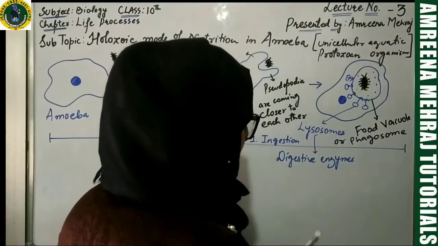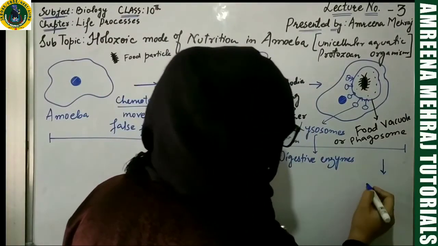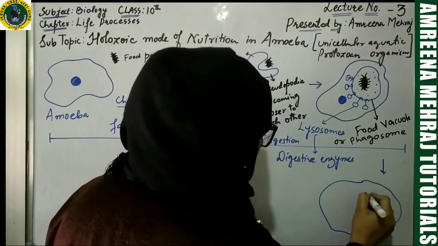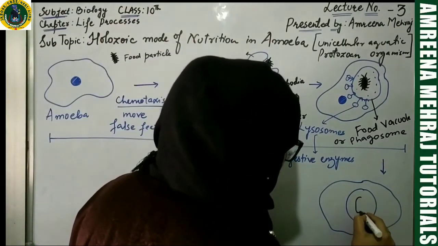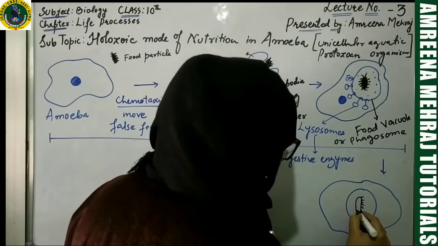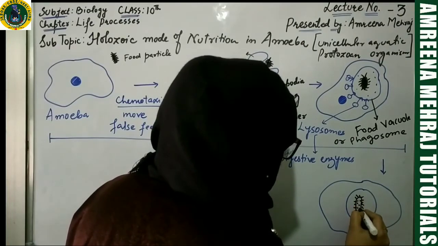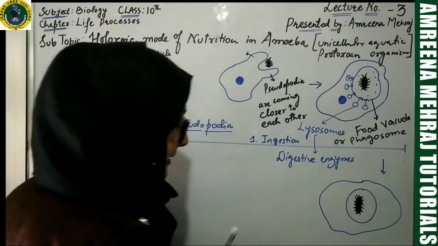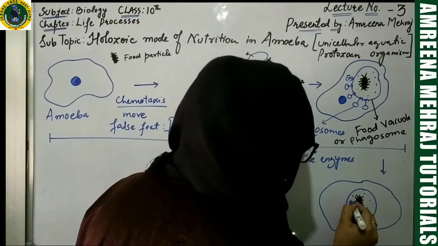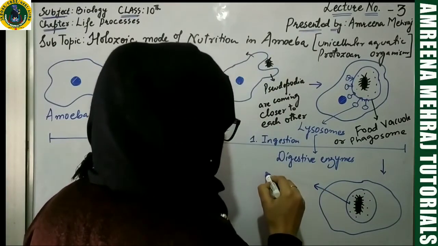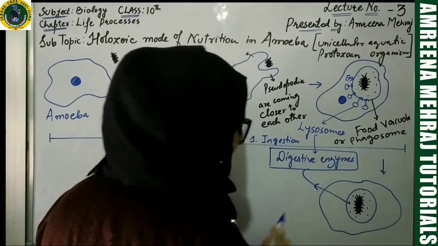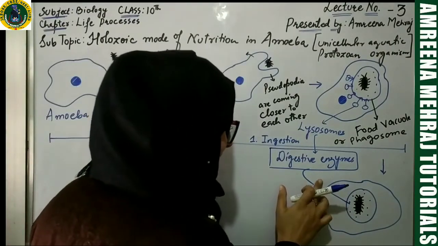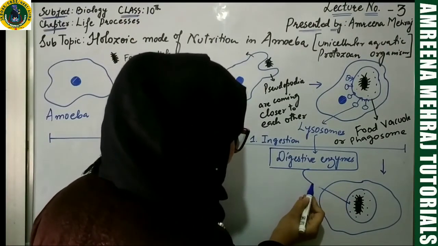So now the condition is like this. You have amoeba. You have the food vacuole. Inside the food vacuole, what is present is the food particle. But now the food particle is being acted upon by what? Digestive enzymes. So let me show like this.